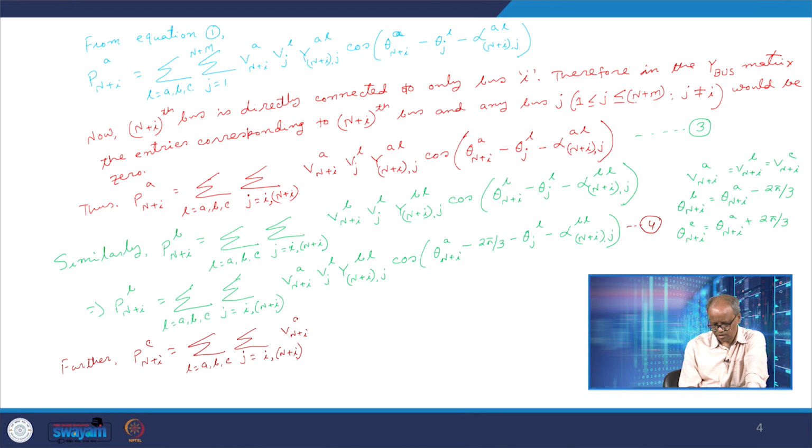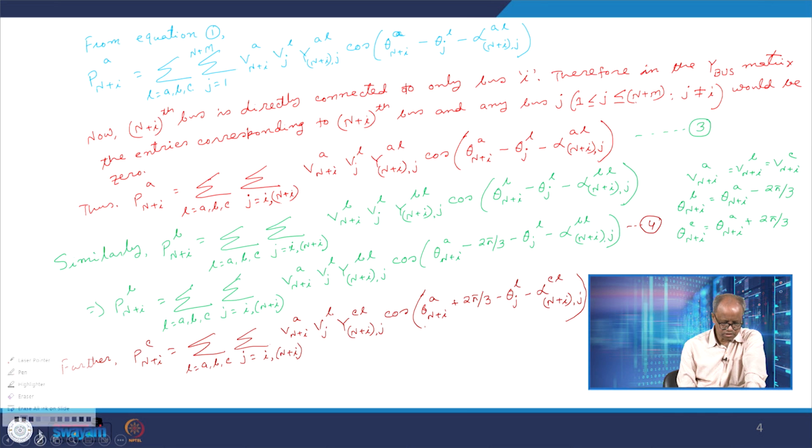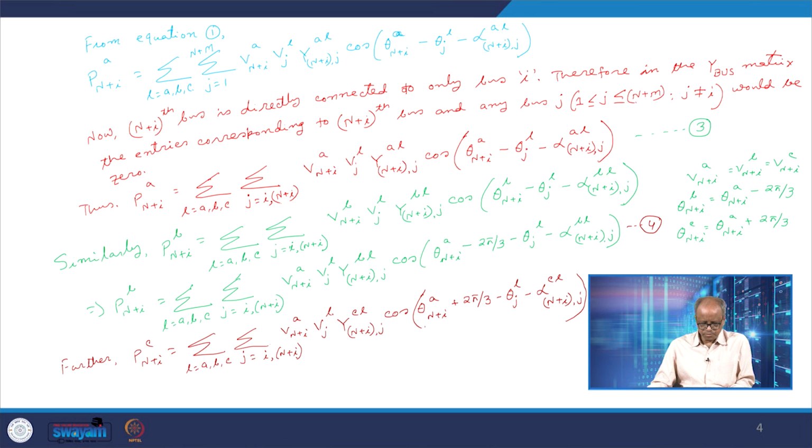So I write V n plus i a, then V j L, then Y n plus i j c L cosine theta n plus i c, which is nothing but theta n plus i a plus 2 pi by 3, minus theta j L minus alpha n plus i j c L. Please note that this is nothing but theta n plus i c. So this is equation 5.